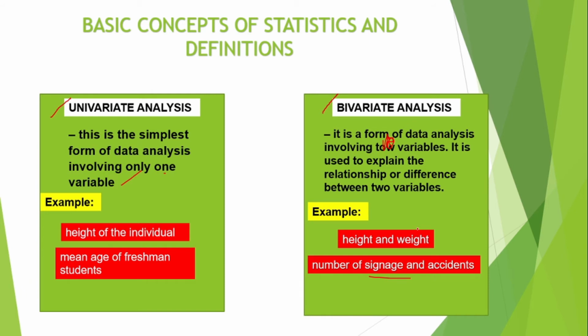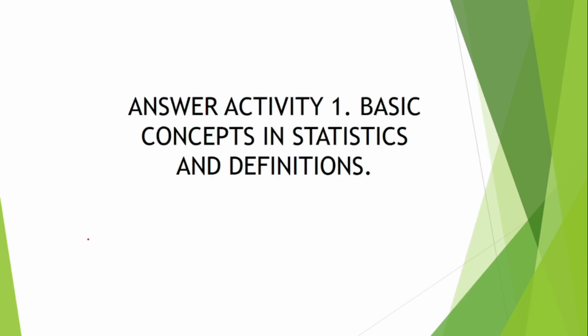So yun yung ibig sabihin ng bivariate analysis. Two variables, we have height and weight, while the univariate analysis, only one variable. So ito age lang ng freshman students. Ito naman is height of the individual. Okay? So let us answer the activity 1, basic concepts in statistics and definitions.